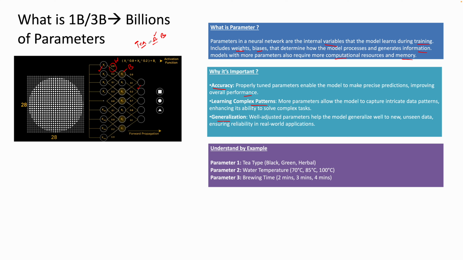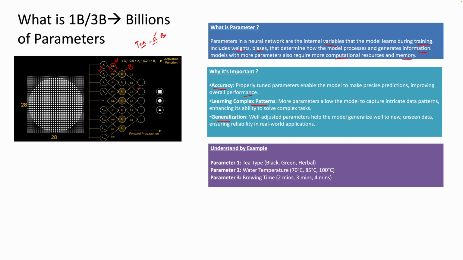Then I could brew that tea at a certain water temperature. I could brew the tea, say, at 70 degrees, I could do it at 85 degrees, I could do it at 100 degrees. And also the brewing time, right? So it could be 2 minutes, 3 minutes, 4 minutes. So what I'm trying to say is, just for making tea, there are 3 or 4 kinds of parameters I can think of, or maybe more.